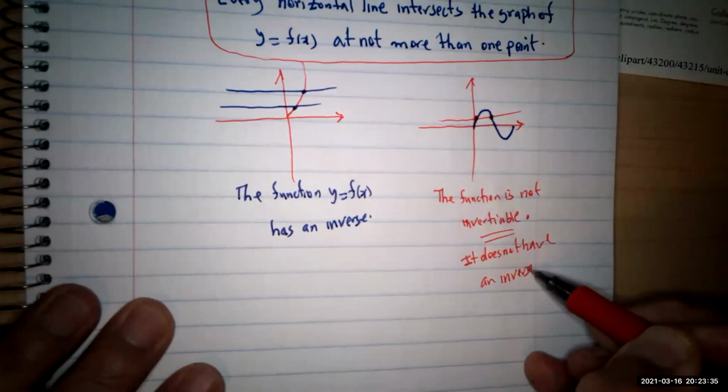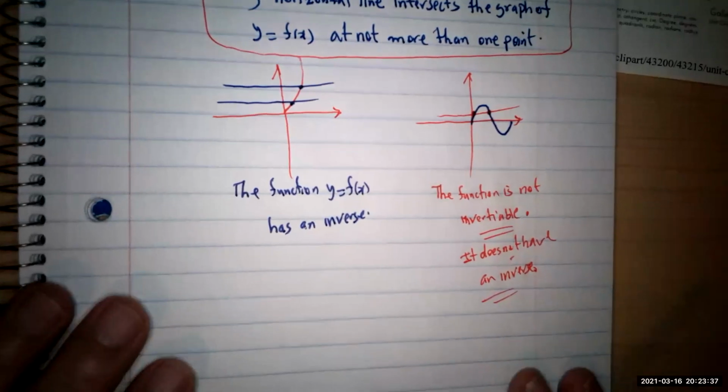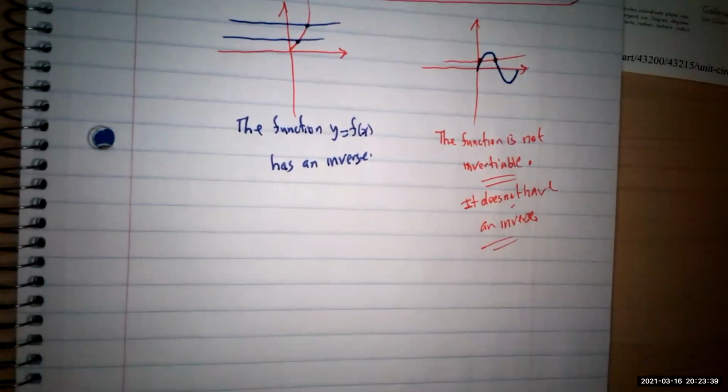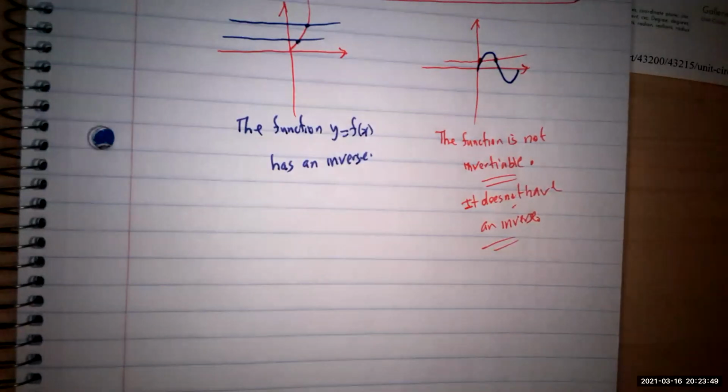All the trigonometric functions are periodic, remember? Periodic means they repeat themselves. So none of those trigonometric functions in general are invertible, unless you restrict the domain of the function so that you get a nice one.